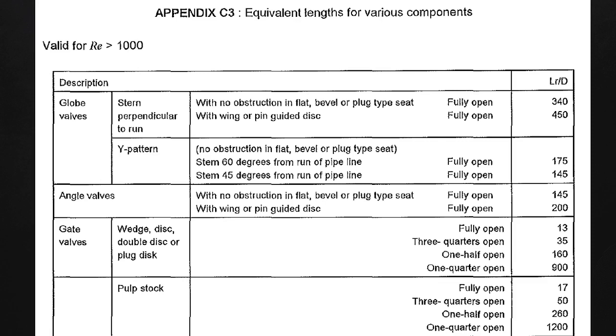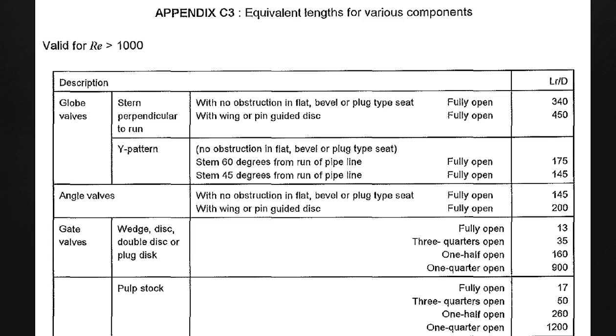In Appendix C3, you will see a description of various types of valves, as well as their applications, as well as the degree of openness. The last column you see on the right is the unitless number that we refer to as LR/D, which is used to determine the equivalent length for each of the types of valves.